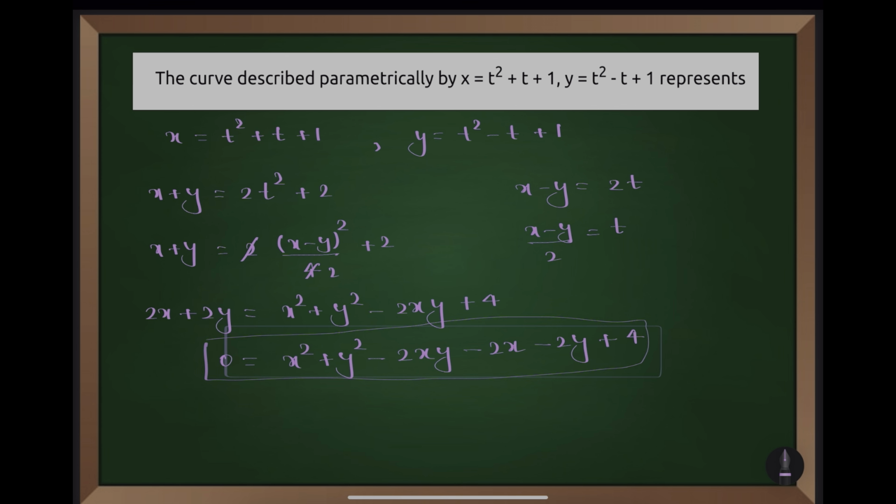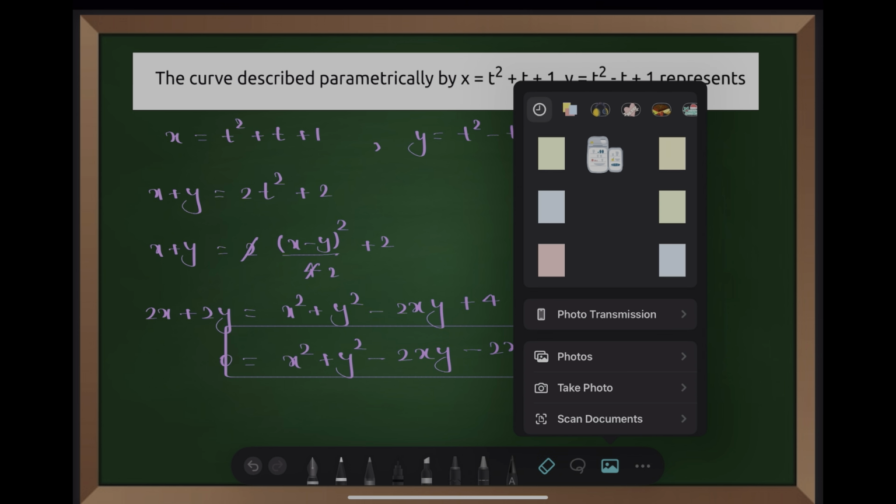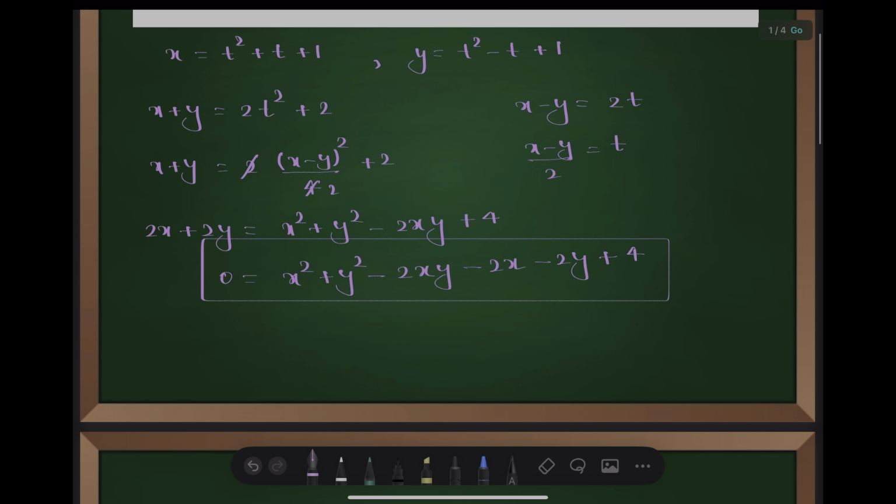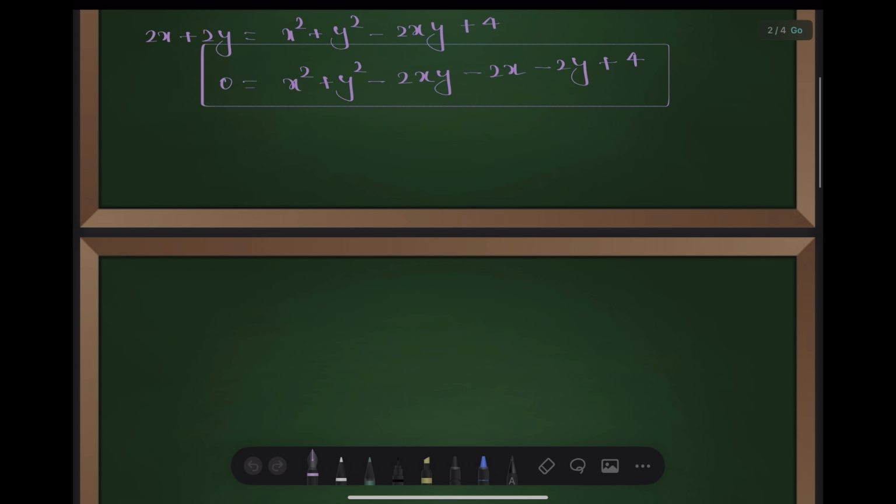So how will you judge whether this curve is representing which thing? Look at this. You know that it is a 2-degree curve, so it may represent a straight line.